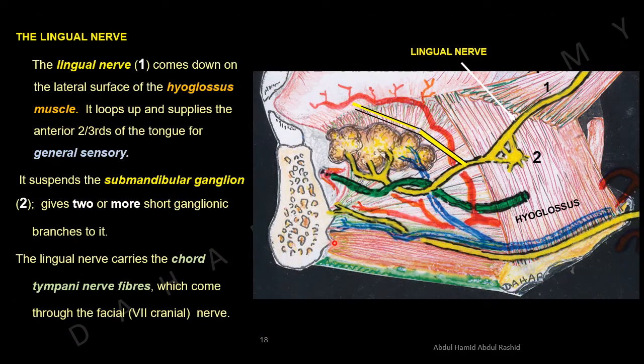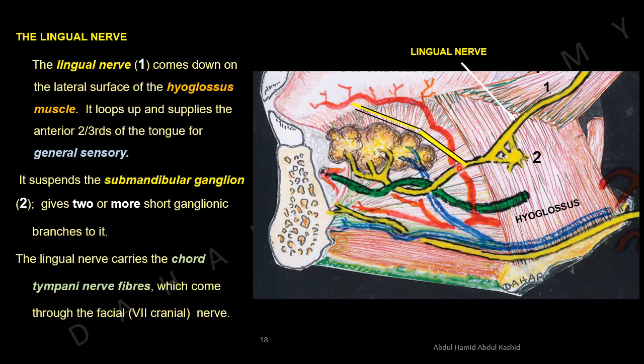This is again the left lateral view of the sublingual space. We are going to talk about the lingual nerve. This is the hyoglossus muscle, the lateral surface of the hyoglossus muscle. This is the lingual nerve. It comes down on the lateral surface of the hyoglossus muscle. It loops up and supplies the anterior 2/3 of the tongue for general sensation.